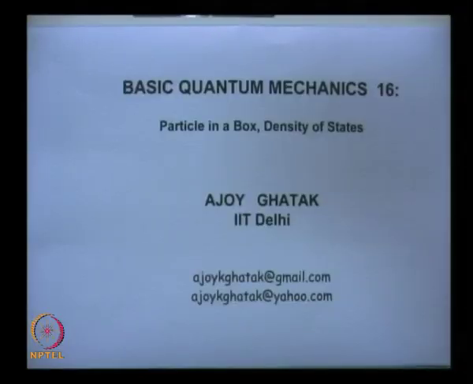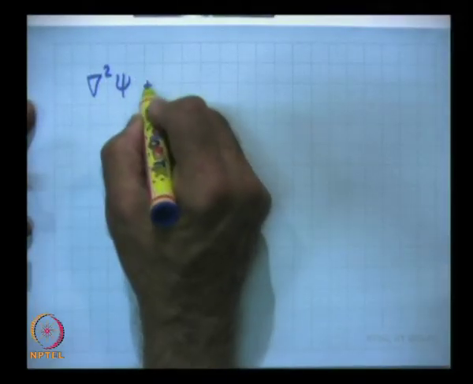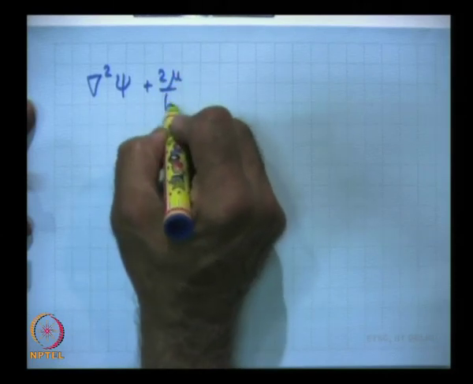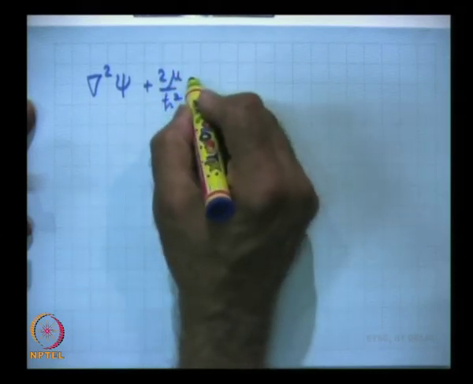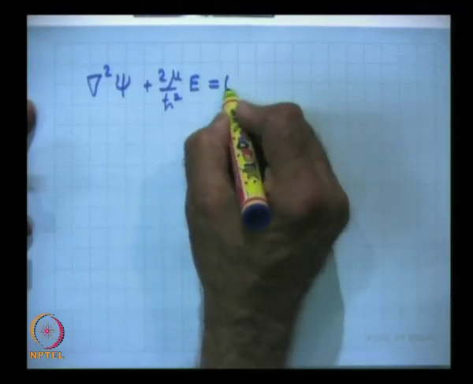We continue our discussion on a particle in a box, and we will calculate the density of states for such a problem. In the previous lecture we had considered the solution of the Schrodinger equation, del square psi plus 2 mu by h cross square into E minus V of x. The potential energy function is 0 inside the box.